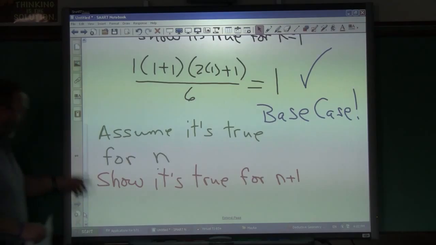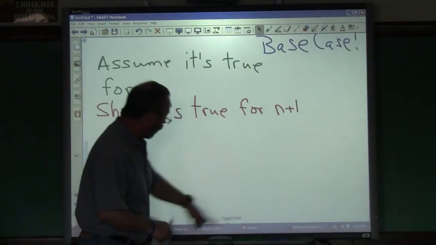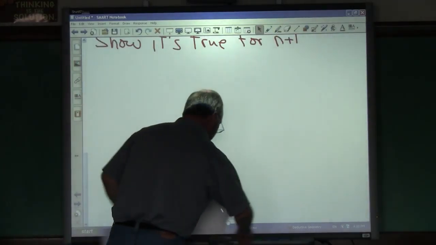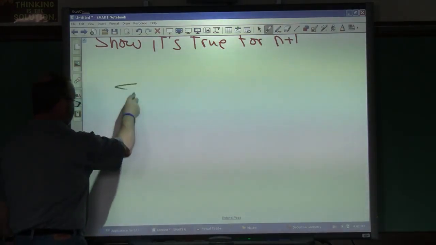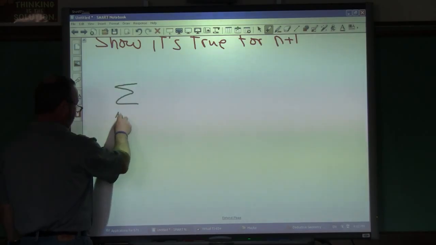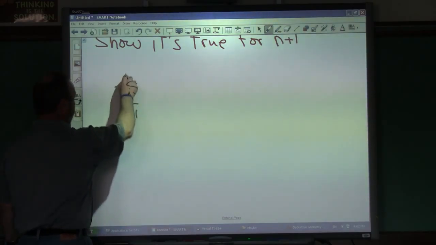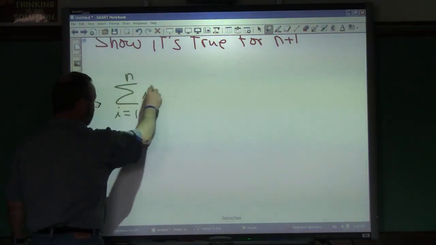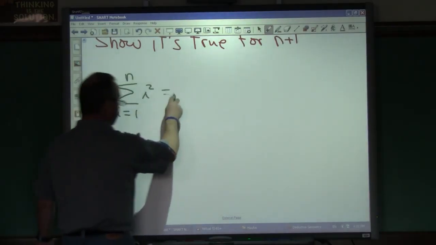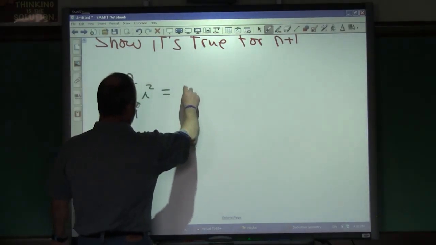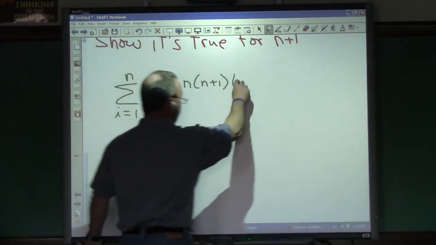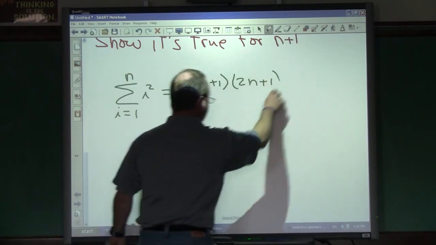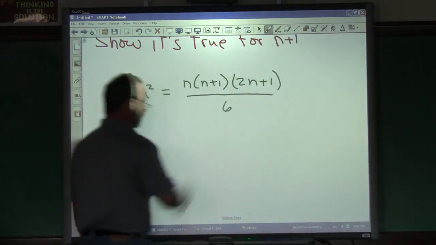All right, so since it's true for n, we know that the sum from i equals 1 up to n of i squared is equal to n times n plus 1 times 2n plus 1, all divided by 6.